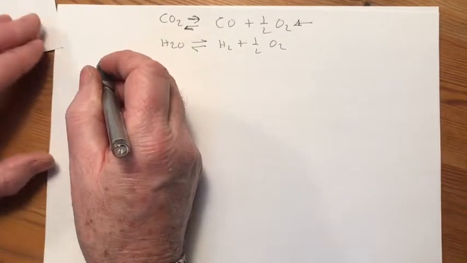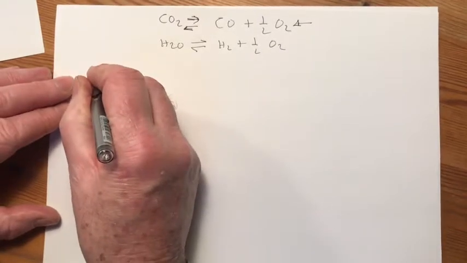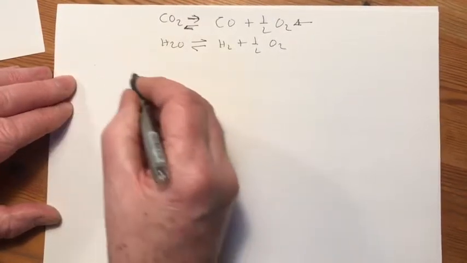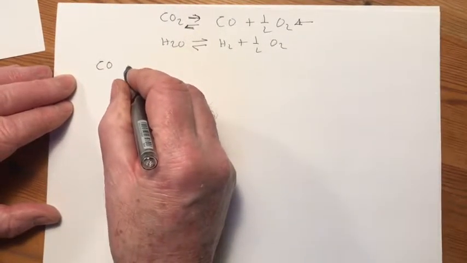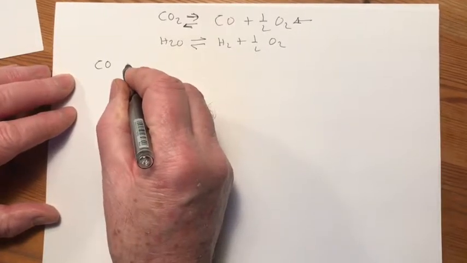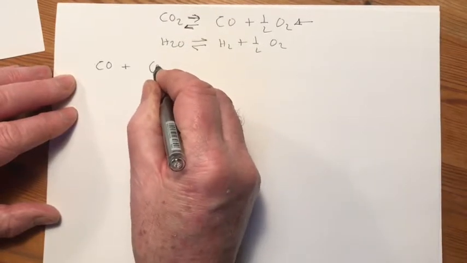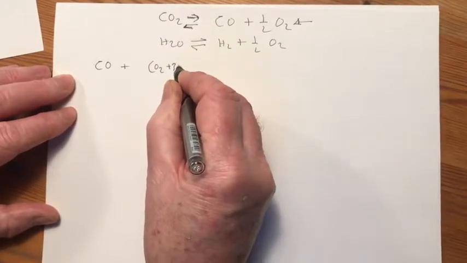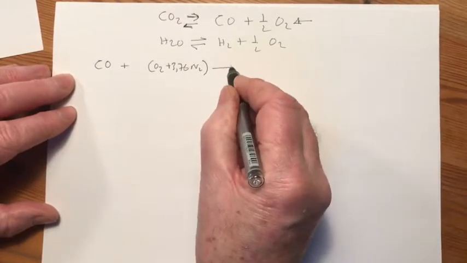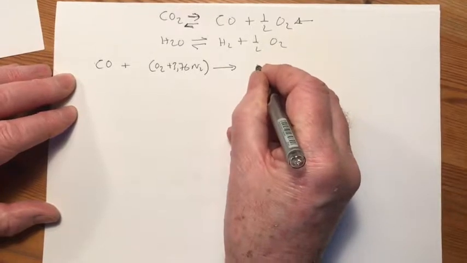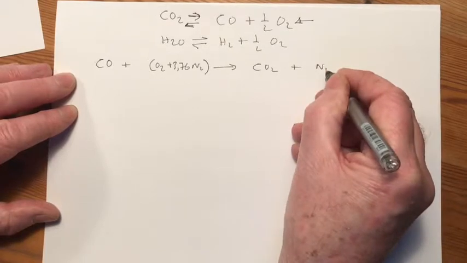So what I'm going to do is take a very simple example. I'm going to take carbon monoxide, which can be a fuel that's used, say, in refineries, which is a product. And when I combine this with air, atmospheric air, O2 plus 3.76 times N2, we will combust this, and you will get CO2 plus N2.